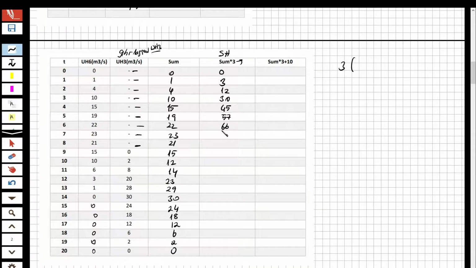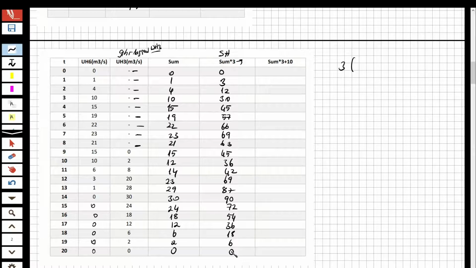This is going to be 69, 63, 45, 42, and sorry, no, I made a mistake. Yeah, 36, 42, and this is going to be again 69, 87, 90, and this is going to be 72, 54, 36, 18, 6, and 0.